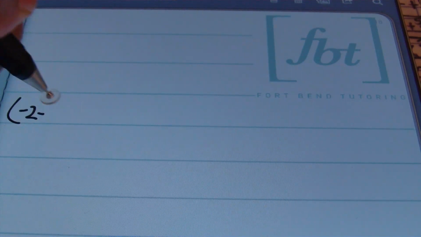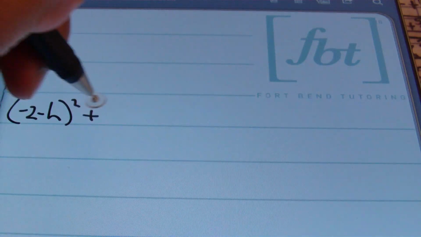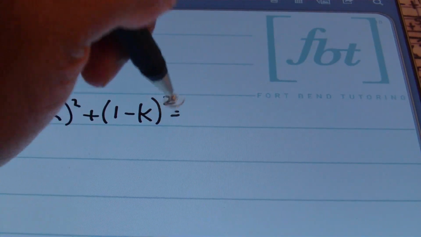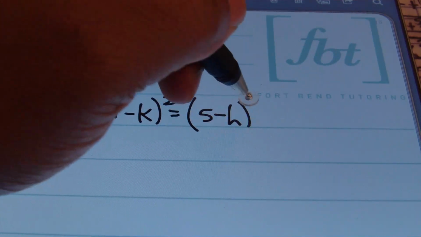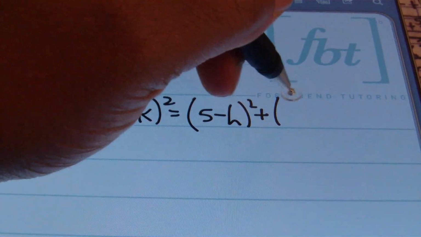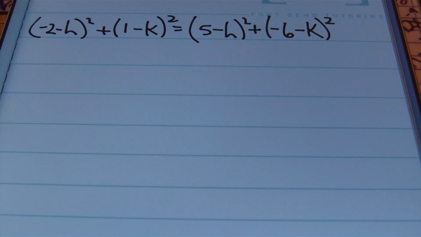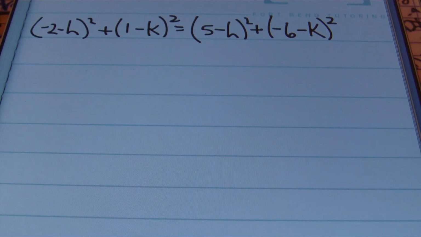So setting the original second and third equations together, you'll have the following. You'll have (negative 2 minus h) squared plus (1 minus k) squared equals the quantity of (5 minus h) squared plus the quantity of (negative 6 minus k) squared. All right, you'll want to also expand and simplify this equation like we did the last one.